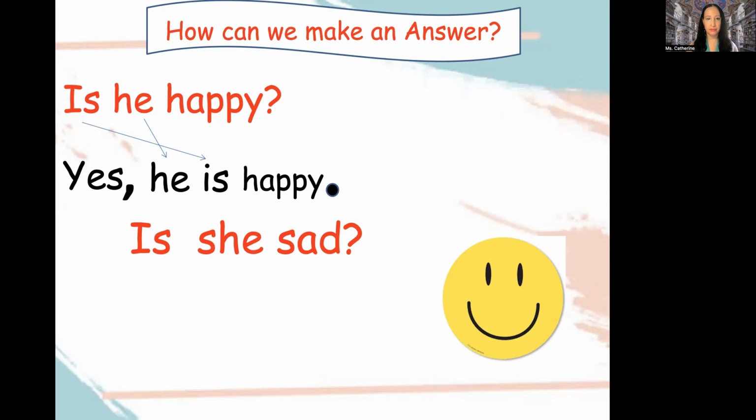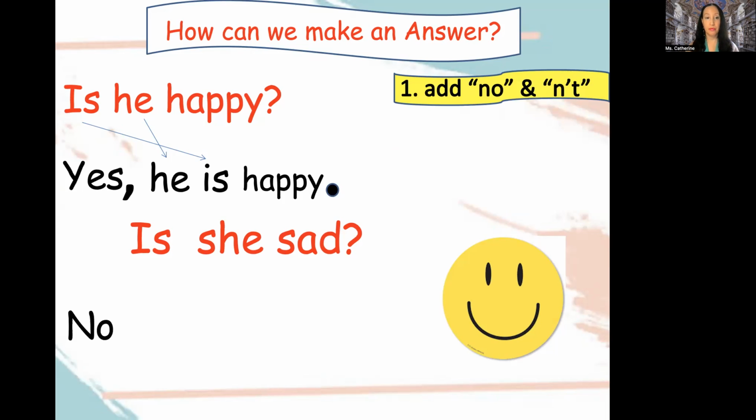What happens here? We could add no and apostrophe T for not, because now we are changing yes to no. No. What happens? Apostrophe or comma? That's right, comma. Why? Correct. We are pausing.